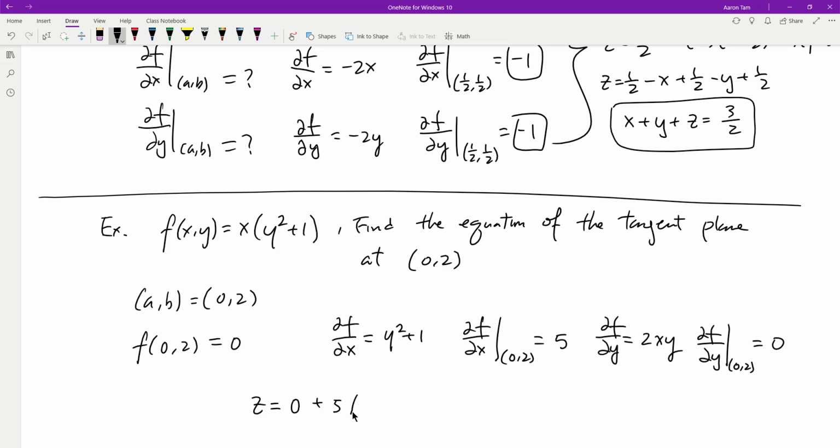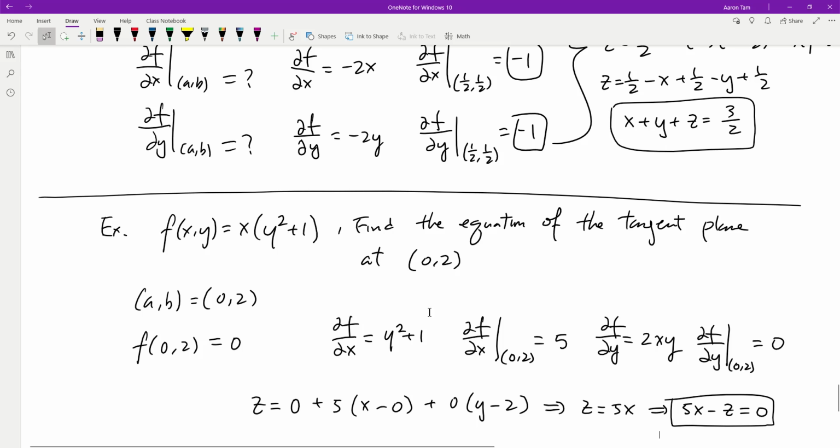Now I'm ready to put in my formula. z equals f of AB, which is 0, plus 5 times x minus 0, because that's a, and then plus 0 times y minus 2. That goes away, and x minus 0 is x. So my equation is z equals 5x, or 5x minus z equals 0. That forms my tangent plane.